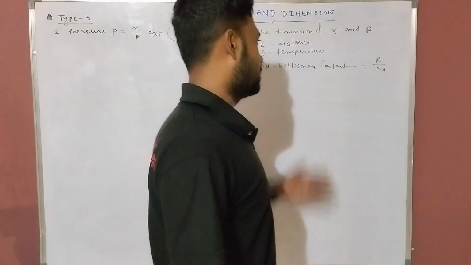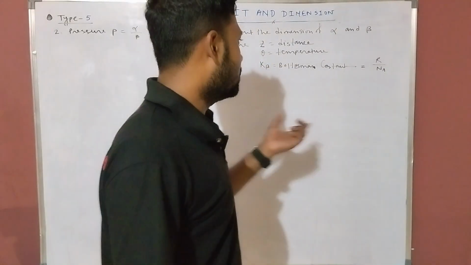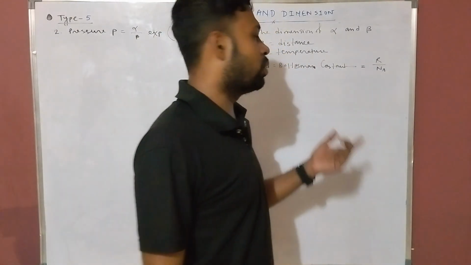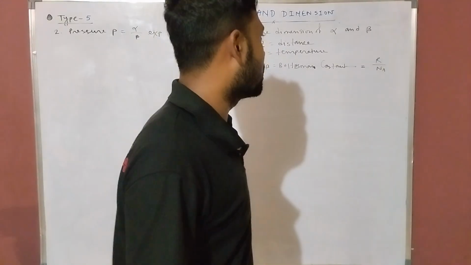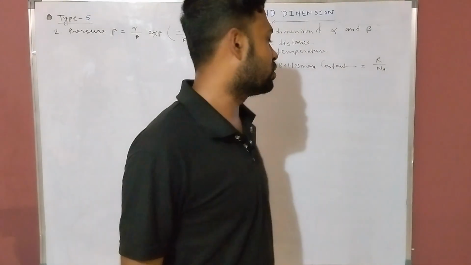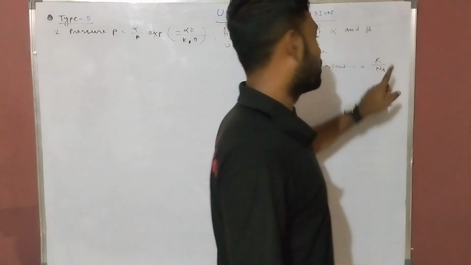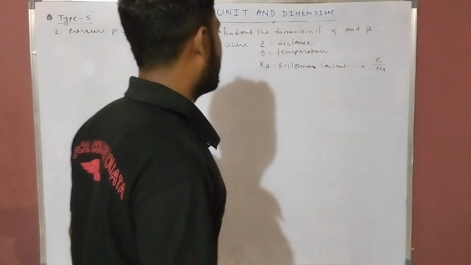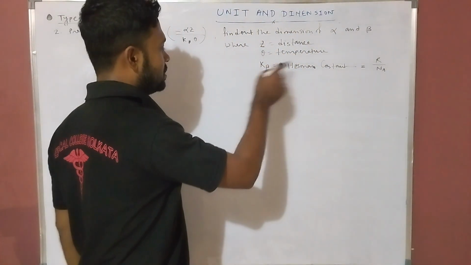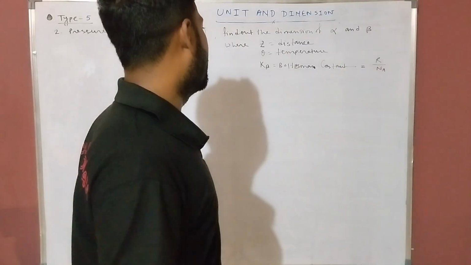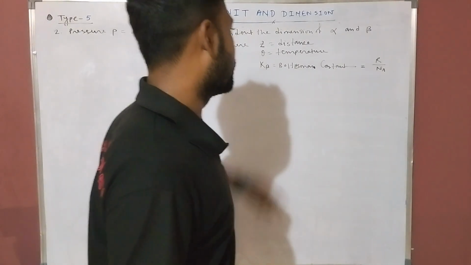You know this equation, you have learned in class 10. This is the ideal gas equation where R is the universal gas constant and Na is Avogadro number. So R by Na we can say it's a constant Kb, and B for Boltzmann constant, that's why.